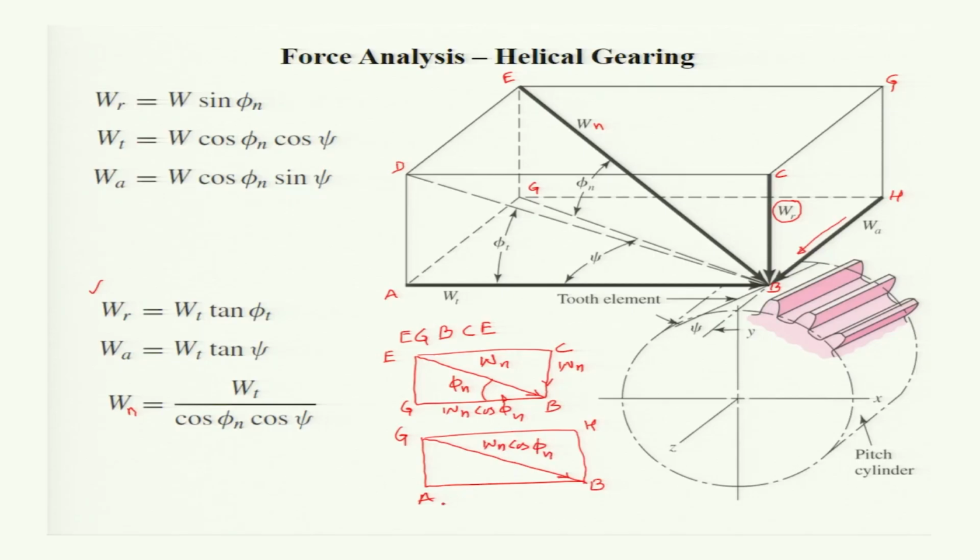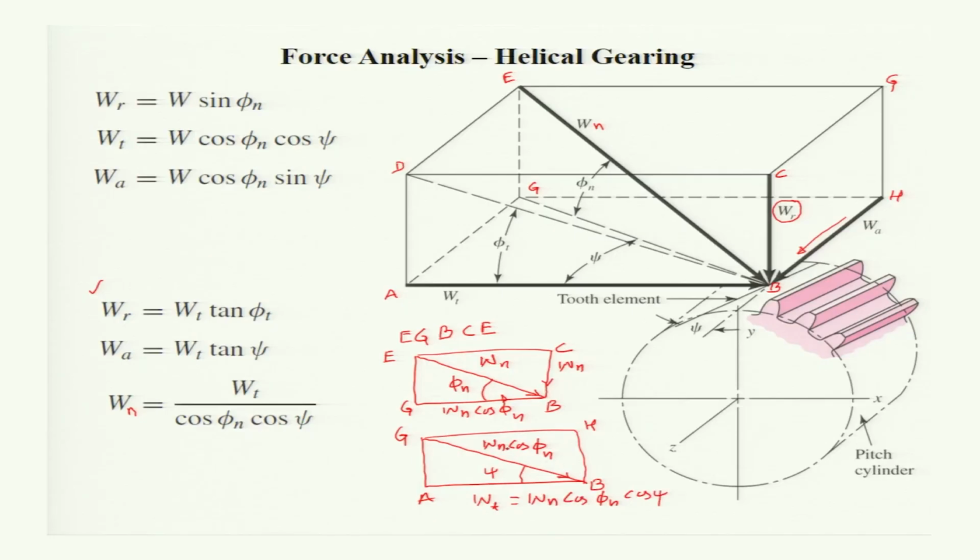Okay. And the angle ABG is the helix angle psi. So, this angle is psi. Now, we know that AB is the tangential direction. So, the component of this Wn cos phi n in the tangential direction AB will give the value of Wt, and that is Wn cos phi n and cos psi.